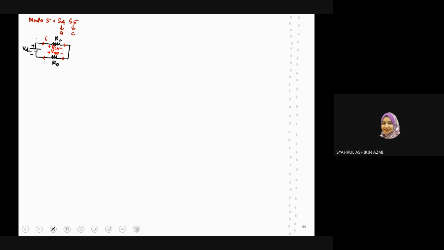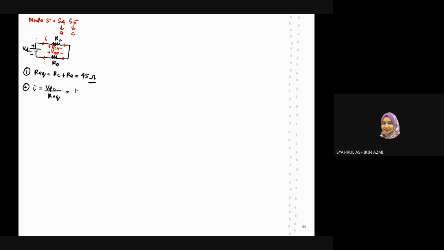Alright, so what is the R equivalent? RC plus with RB. What is the value? 45 ohm. Okay, thank you. The current: VDC over R equivalent.